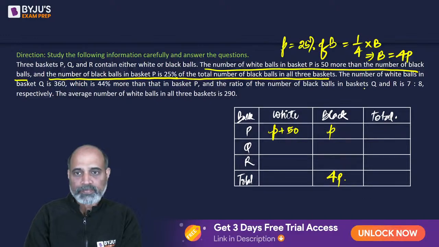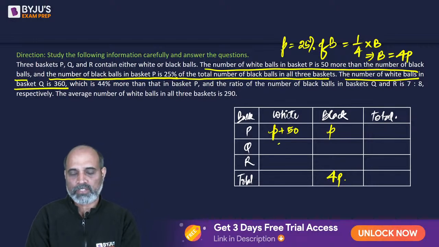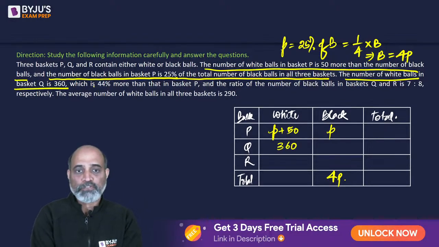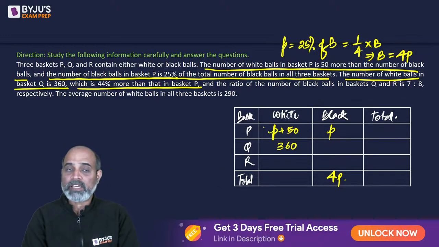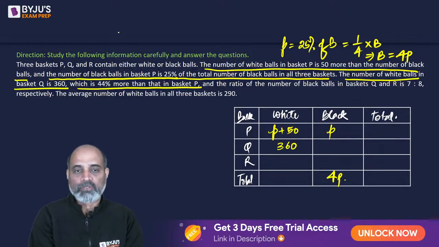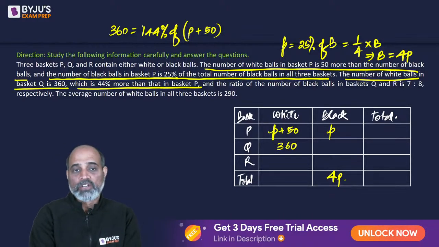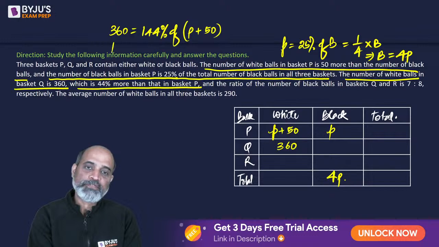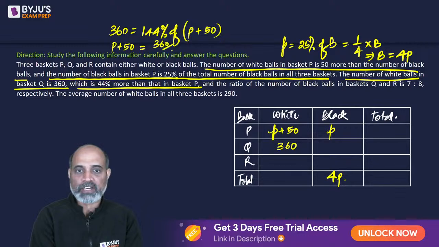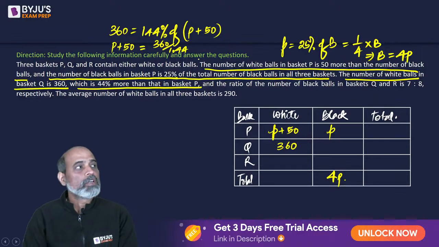So we're done with the second part of this statement. Okay. The number of white balls in basket Q is 360, which is 44% more than that in basket P. So we can say that 360 is 44% more, which makes it 144% of the number of white balls in basket P, right? So from here we can find the value of P, but first of all P plus 50 is 360 divided by 1.44.